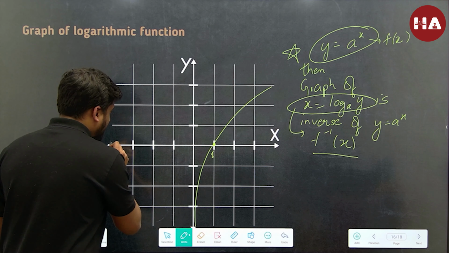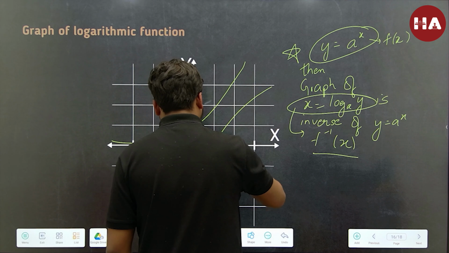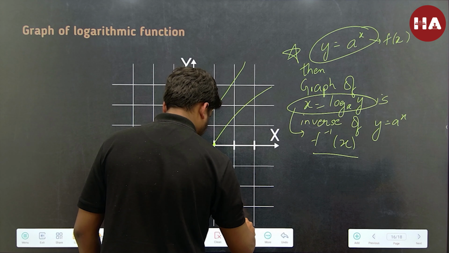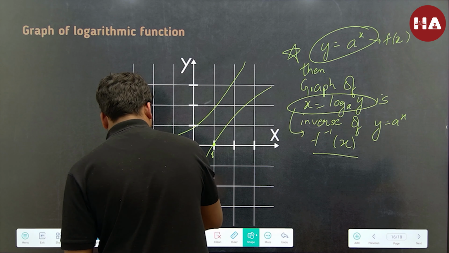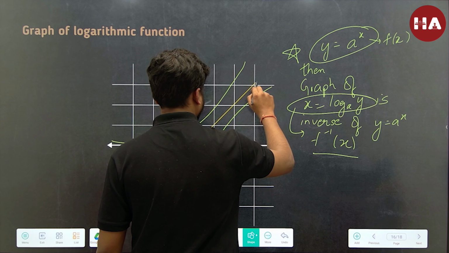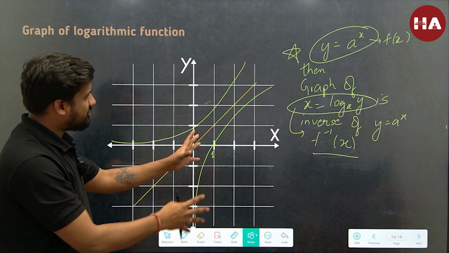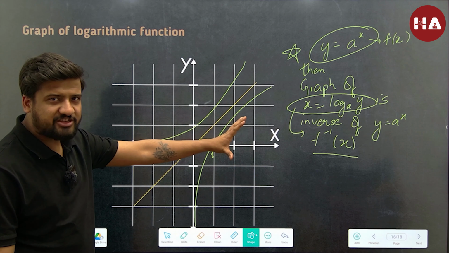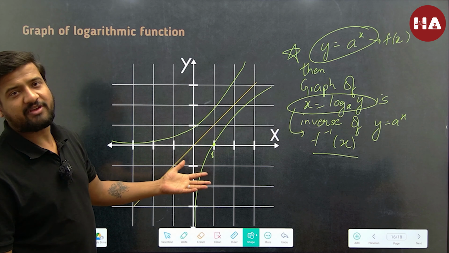So the graph of this function was something like this, right? See, they do look like the reflection of each other. Both the green lines are reflections of each other.